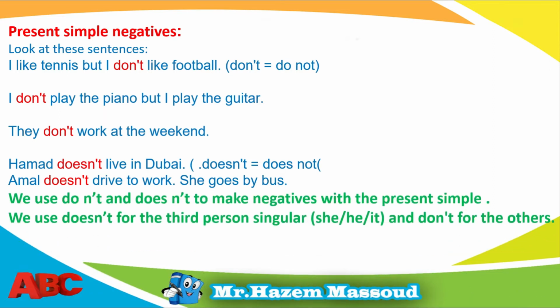We use don't and doesn't to make a negative with the present simple, and we use doesn't for the third person singular, she, he, it, and don't for the other subjects, I, you, they, and we.